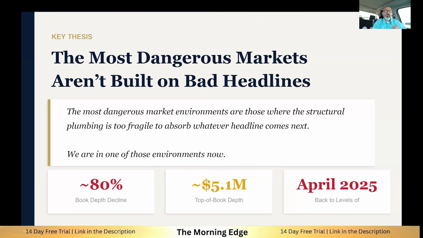That's what we start to see in cascading selling or cascading buying, which we experienced yesterday. So right now, we are about 80% negative when it comes to inventory depth since the first of the year. Keep that in mind: we have 80% less inventory in the market to buy and sell our stocks or other assets.